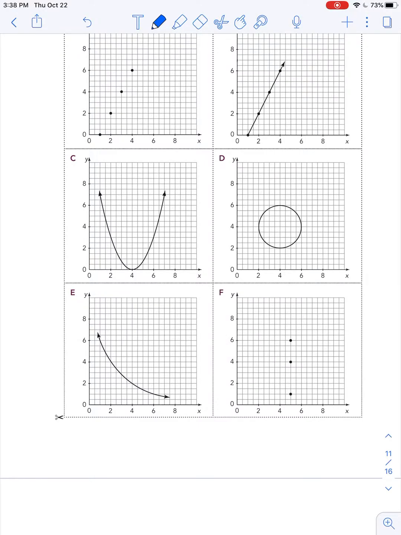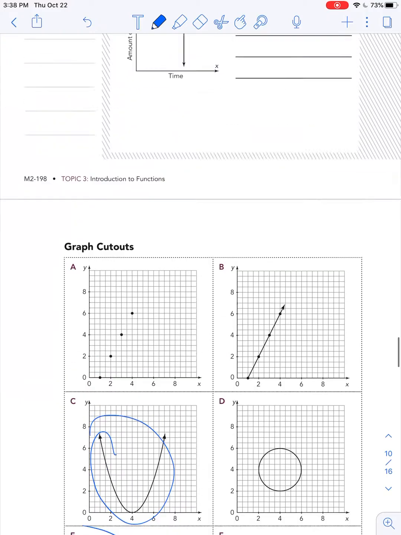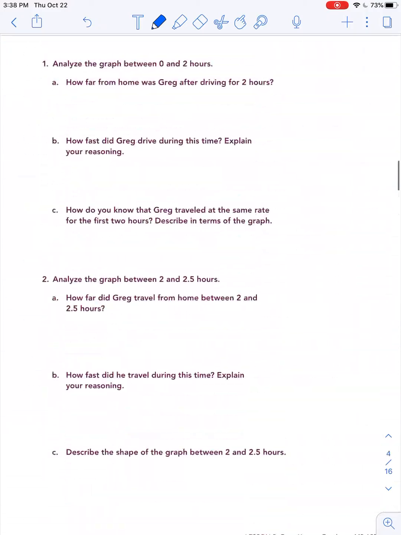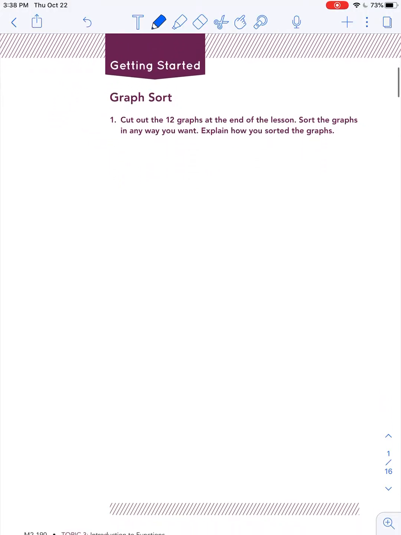Neither will D. C will, E will. A doesn't, and B doesn't. We could do it like that. So there are several different ways that you could put them into groupings. You just need to explain what you did and why you put them the way you did.